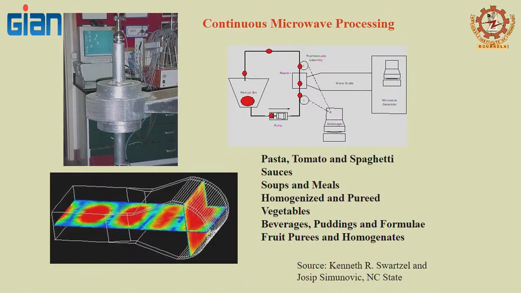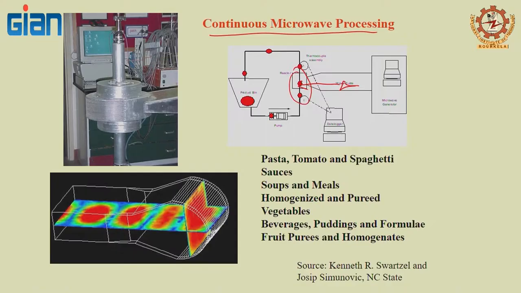There is also another parallel development where they have a continuous microwave processing. Imagine you have the same soup, but instead of packaging the soup, you are pumping the soup, and then you send it to a treatment chamber, and this is your waveguide where the treatment is going to occur.